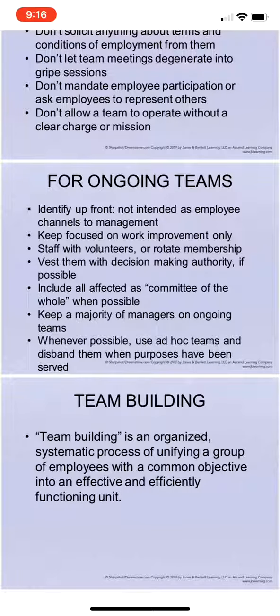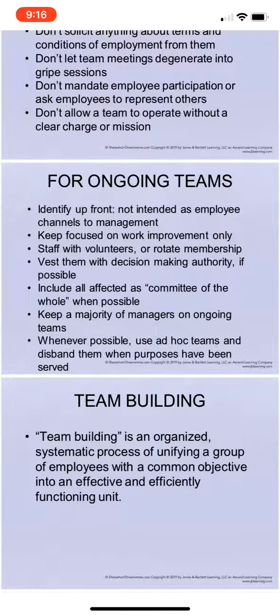Number 4, if the team is empowered to make a final management decision, it can be seen as acting as management. This is acceptable. In fact, it has been suggested that the ultimate protection against being ruled a legal labor organization exists when the team can make final decisions in its own right. So, vest them with decision-making authority if possible.